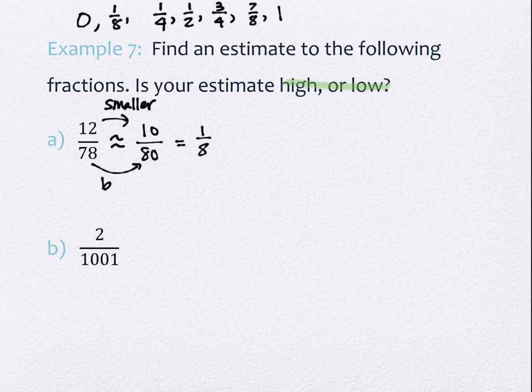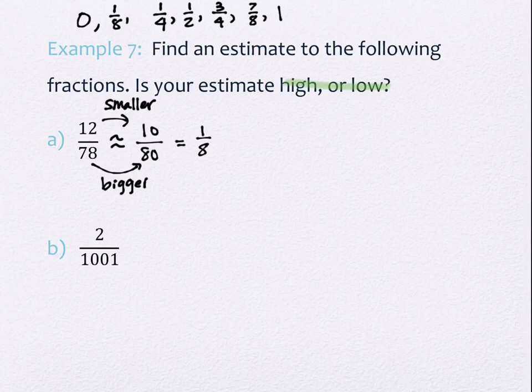It got bigger. Now, that might look like a problem. Part of it got smaller and part of it got bigger, but it's actually really good. When the top gets smaller, the whole fraction gets smaller, right? But when the denominator gets bigger, what happens to the fraction? It also gets smaller, right?